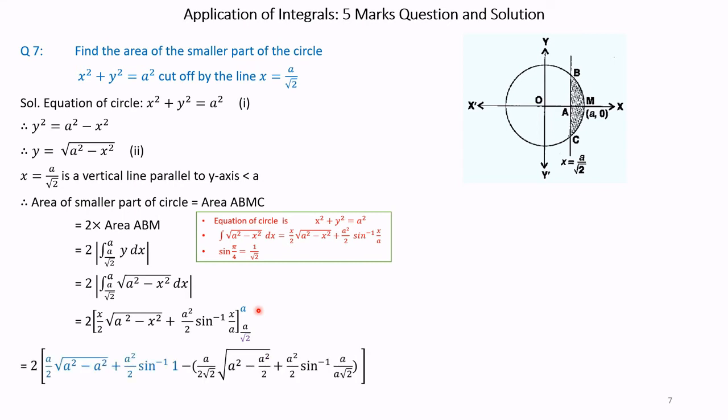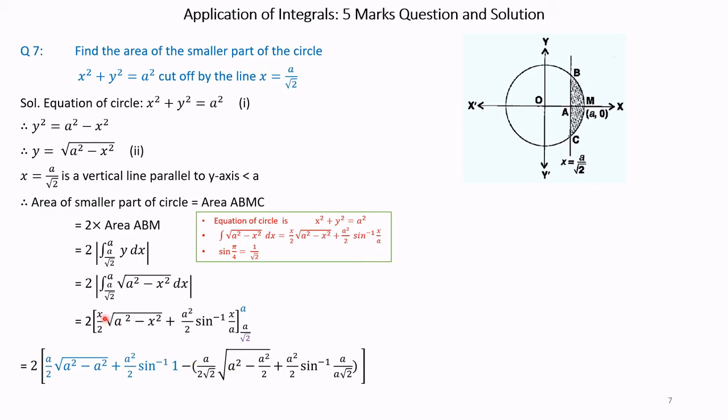Therefore, if you put the upper limit values here, which are shown in blue color for easy identification, we get a by 2 into square root of a square minus a square, plus a square by 2 into sine inverse of a by a, which is 1 here. Now after substituting the upper limit, minus the lower limit, we substitute x is a by root 2.